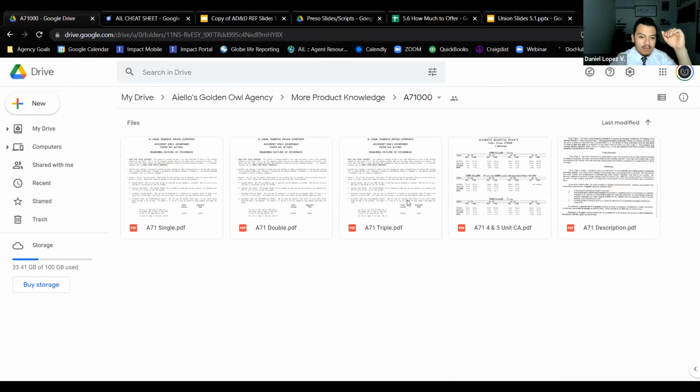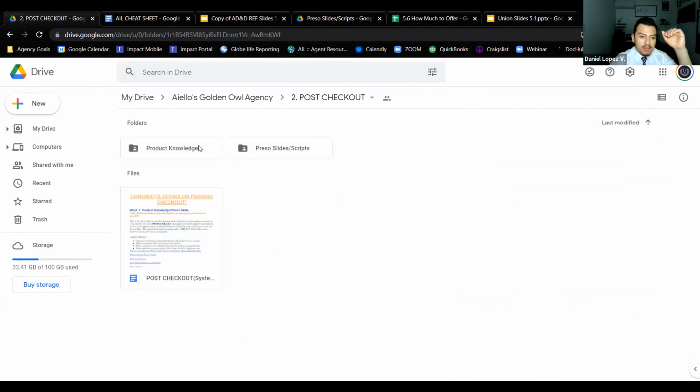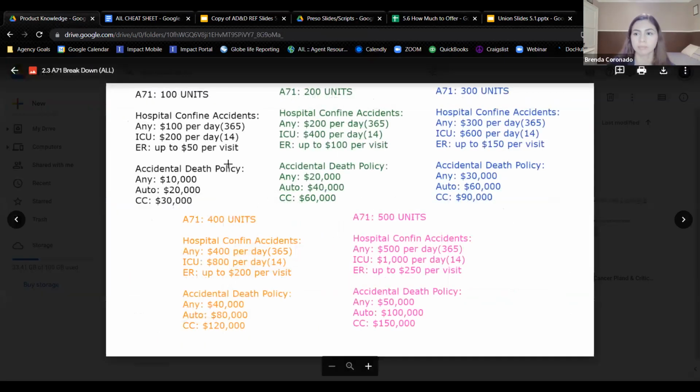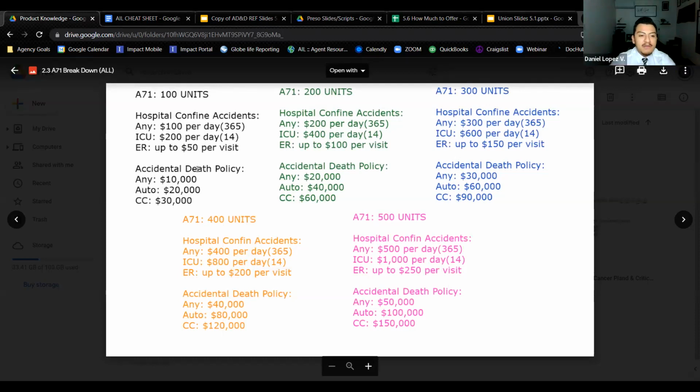Always 20%. 20% of what the primary and the spouse have, it's always 20% of that amount. So hospital confinement is always the same, regardless if they're kids or adults. The death benefit is what changes.